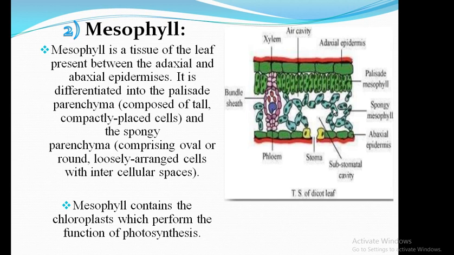Mesophyll contains chloroplasts, which perform photosynthesis. Here we can see black dots on the mesophyll cells, 1, 2, 3 black dots. These black dots are chloroplasts, which facilitate photosynthesis.